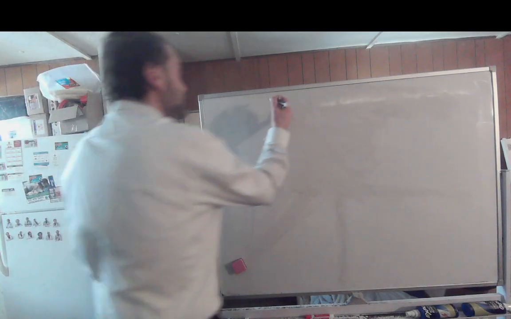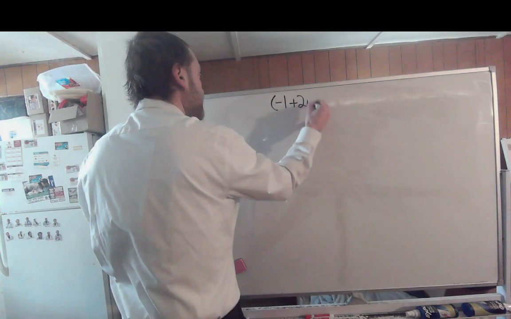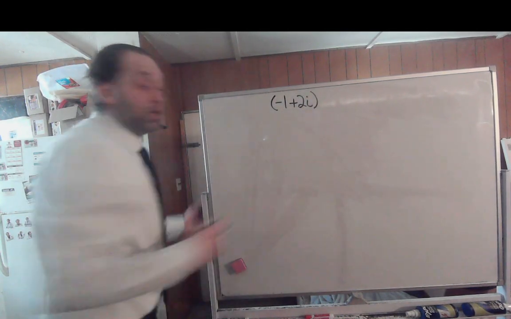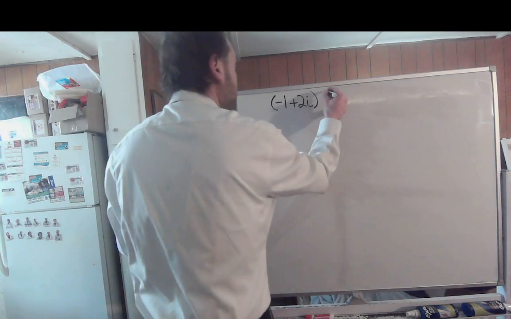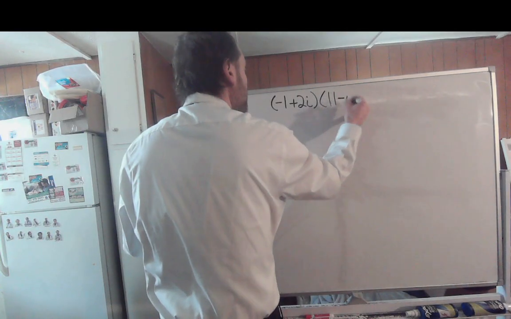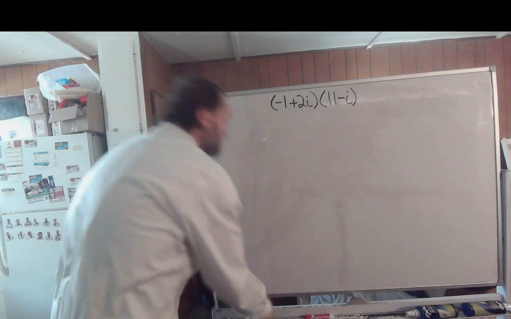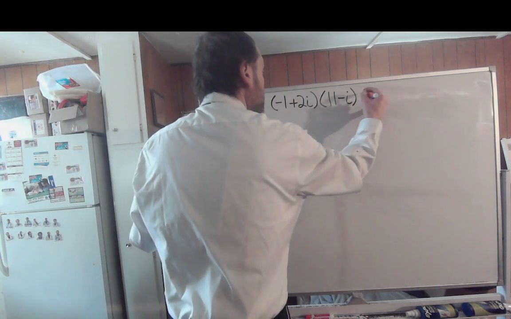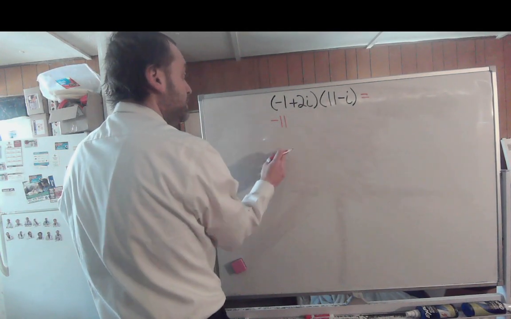All right, let's see. We got negative 1 plus 2i. That quantity times 11 minus i. So we can still FOIL and expand this out. So negative 1 times 11 turns into negative 11.